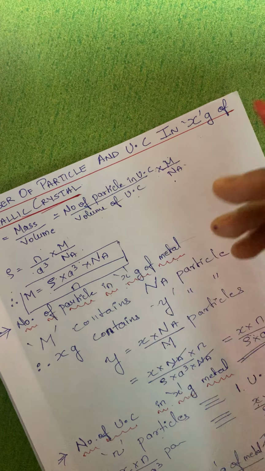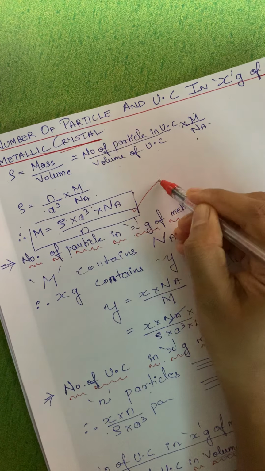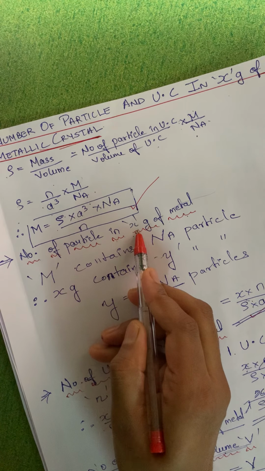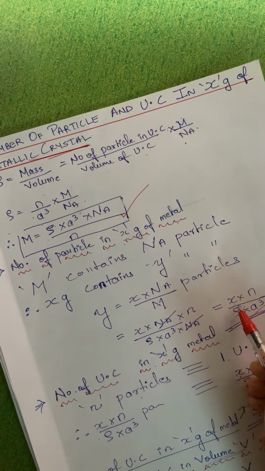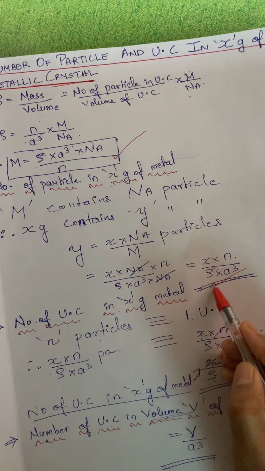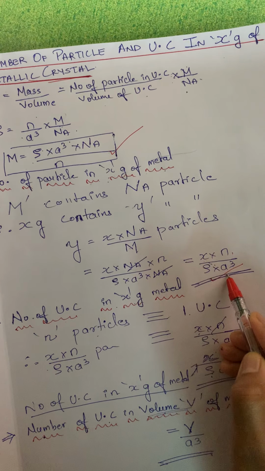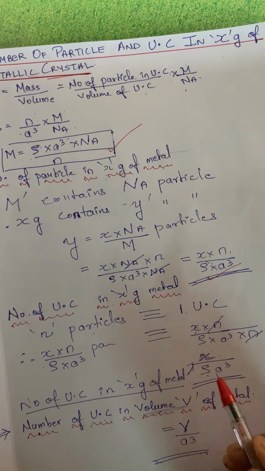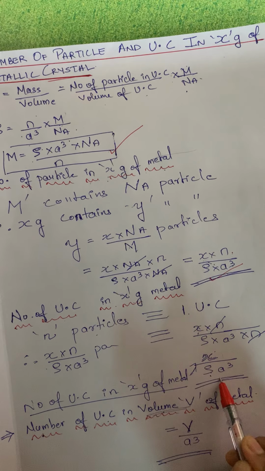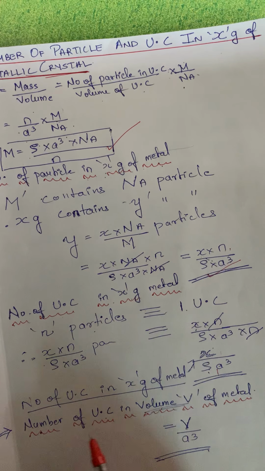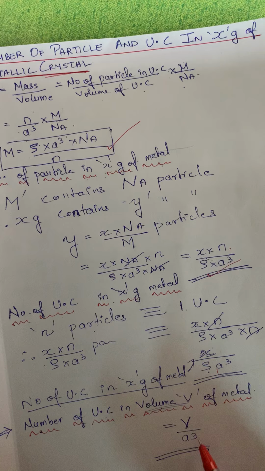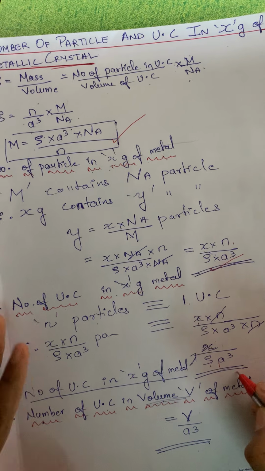You just have to learn these formulas. The number of particles in x gram of metal will be x into n upon density into a cube. The number of unit cells in x gram of metal will be x upon density into a cube. And the number of unit cells in volume V of metal will be V upon a cube. These three formulas you just have to remember.